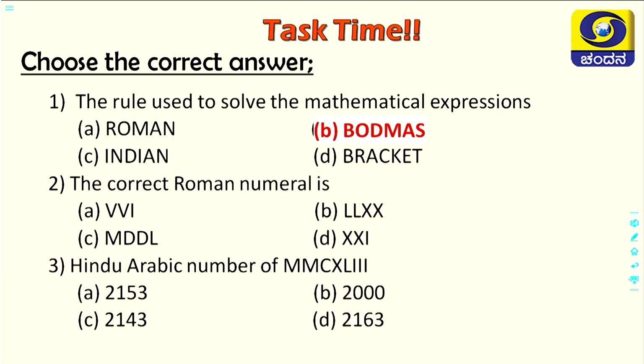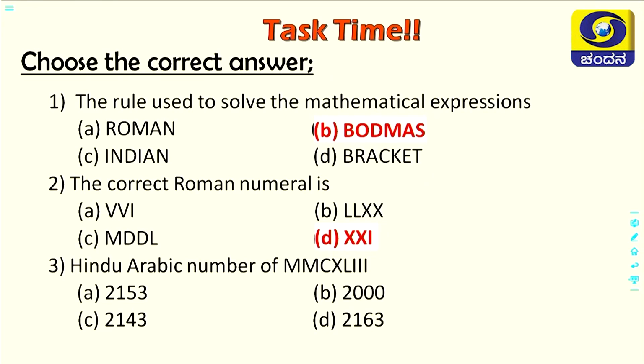Go to the second one. The correct Roman numeral is A, VVI; B, LLXX; C, MDDL; D, XXI. What is the correct answer? Try solving this, try remembering the rules. Yes, the answer is XXI. Why are the remaining ones not correct?